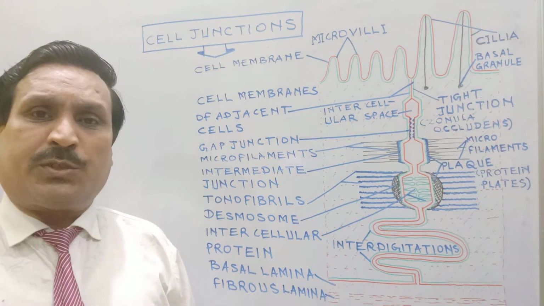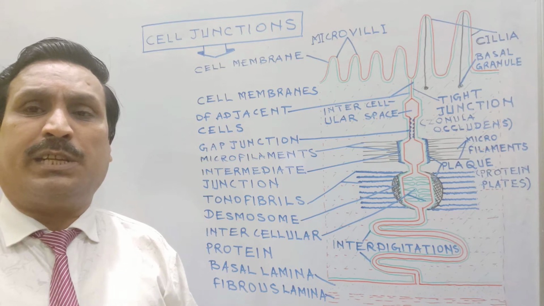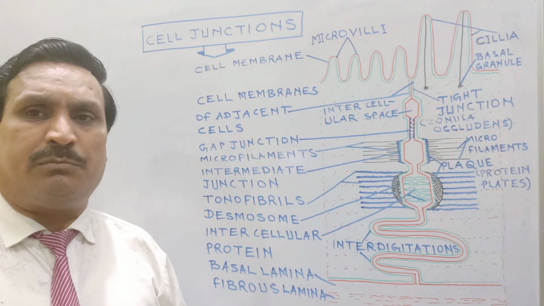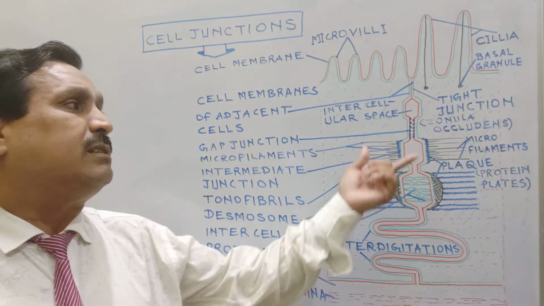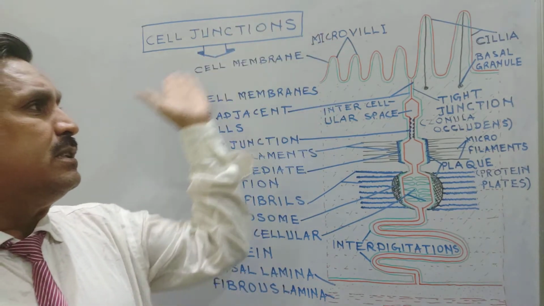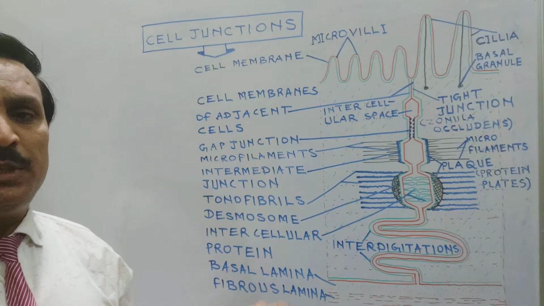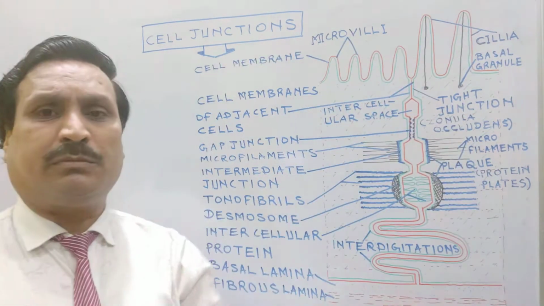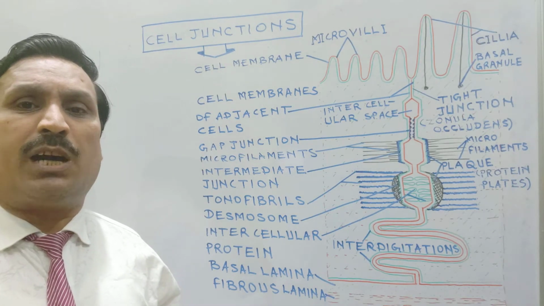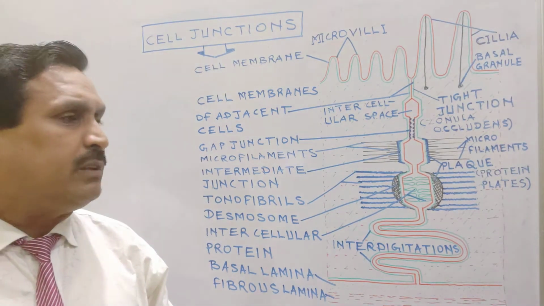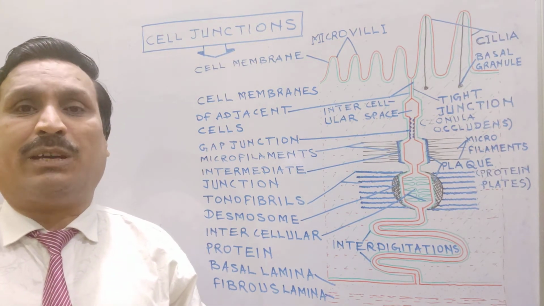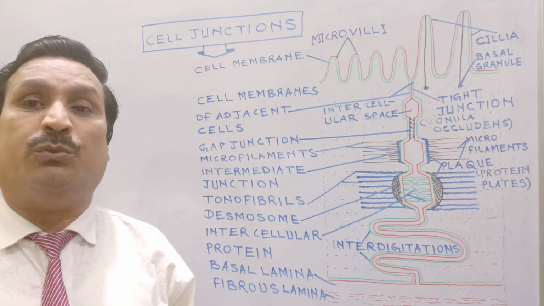So, students, let us discuss different types of junctions present between adjacent epithelial cells. As you are visualizing here a well-labeled diagram, nearly all the intercellular junctions are shown. Let us discuss these junctions one by one in a systematic way.